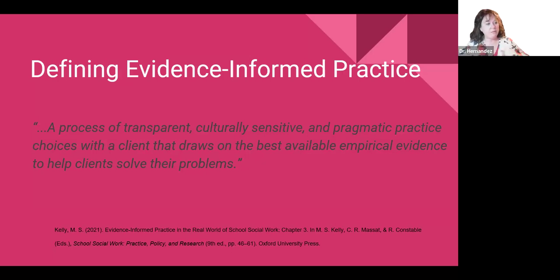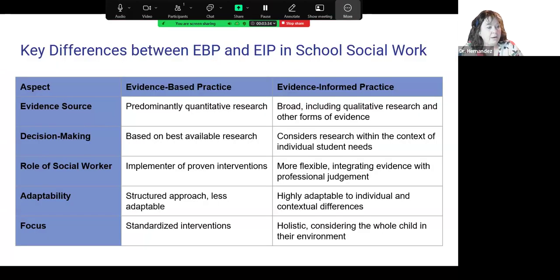So when you have evidence-informed practice, we're predominantly looking at these things. We're looking at the evidence source: evidence-based practice versus evidence-informed practice. Evidence-based practice is used more in hospital settings or settings where things can be clinically controlled.